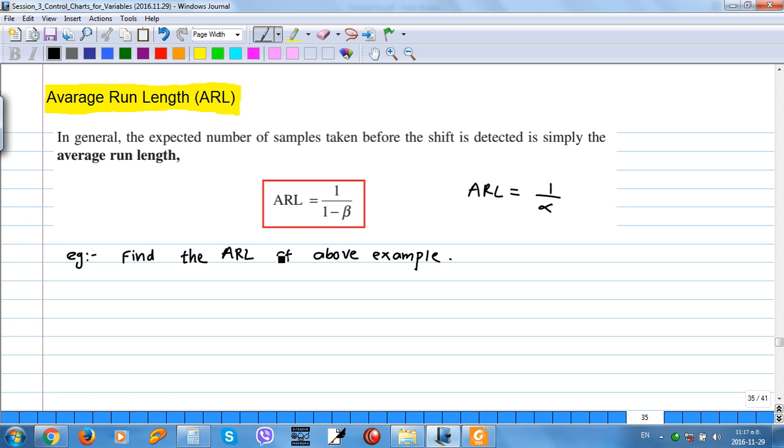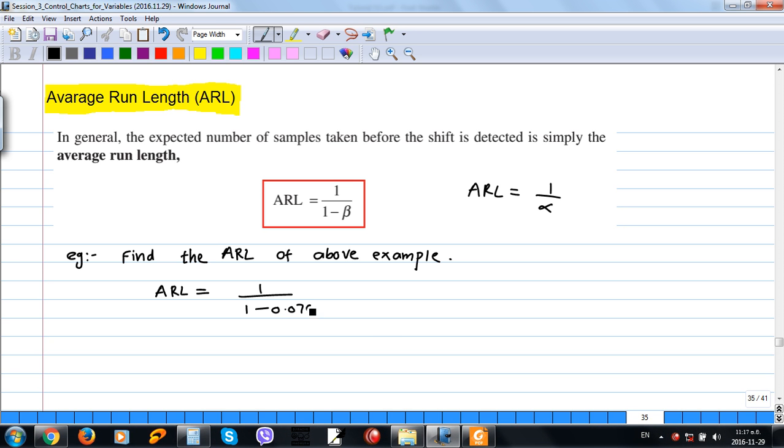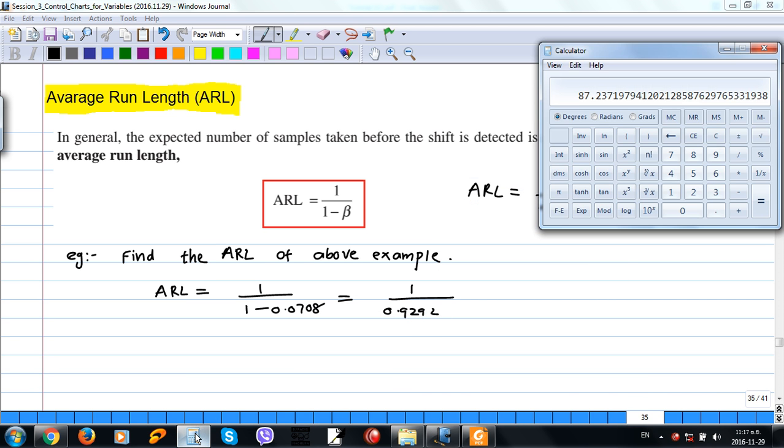It is easy since we are finding the beta, no? So it is easy to write this equation, 1 over 1 minus beta. Then average run length, we can find with the above equation, 1 over 1 minus beta. Beta we found as 0.0708, so again 0.9292, no? 1 divided by 0.9292 is 1.076.